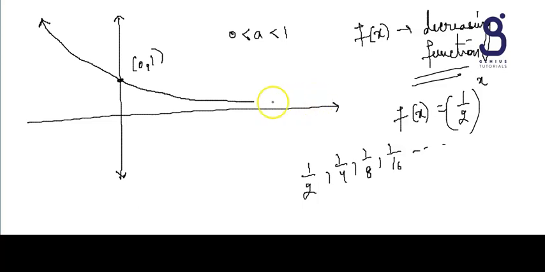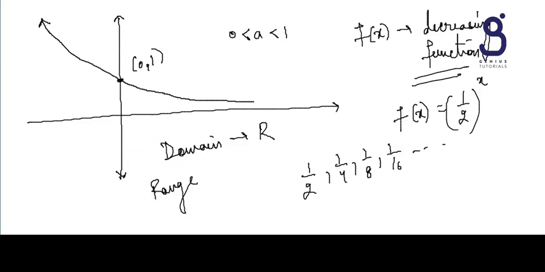So what will be the domain of this function? The domain is again R. It is defined for every value of x. And what will be the range? Will it be negative? Again, it will not be negative anywhere, although it can approach 0, it will not be a negative value.